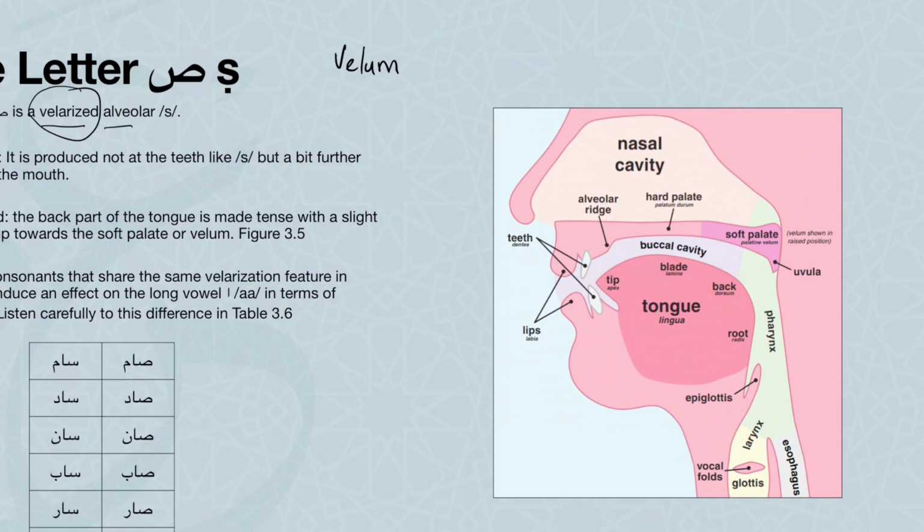Now, the trick of producing the letter Sod is being able to push your tongue to the back to give it that o sound. Unlike Sin, Sod comes in the back. You can hear the sound is actually happening at the back of your mouth, at this area.